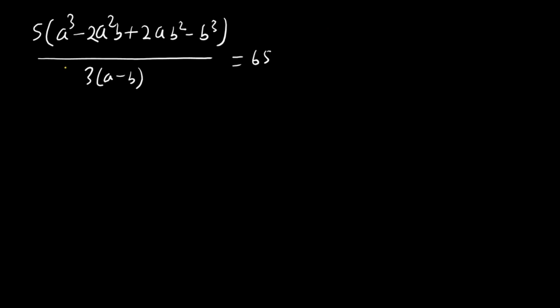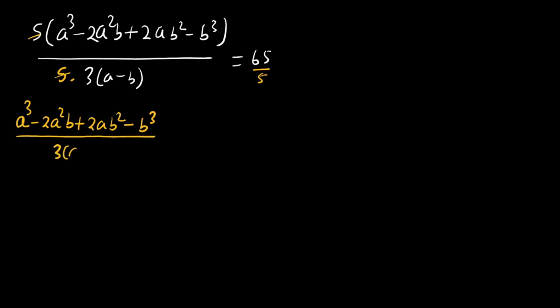Now if we divide both sides by 5, then on the left-hand side this 5 and this 5 cancel out, leaving (a^3 − 2a^2 b + 2ab^2 − b^3) divided by 3(a − b), and this is equal to 65 divided by 5, which gives 13.